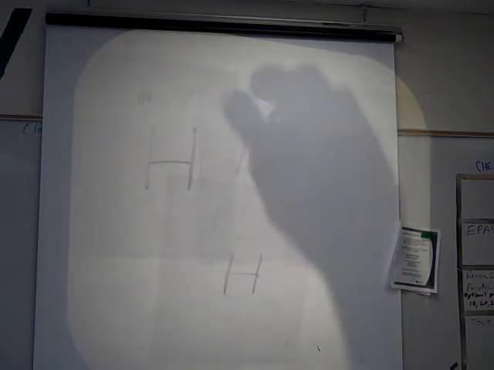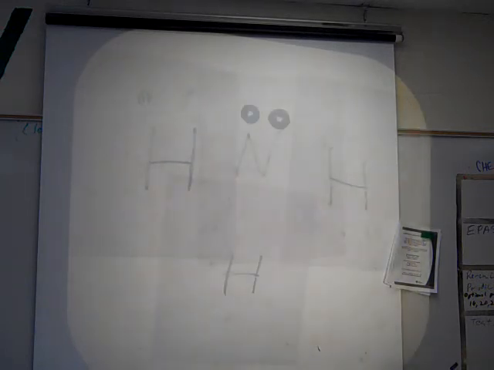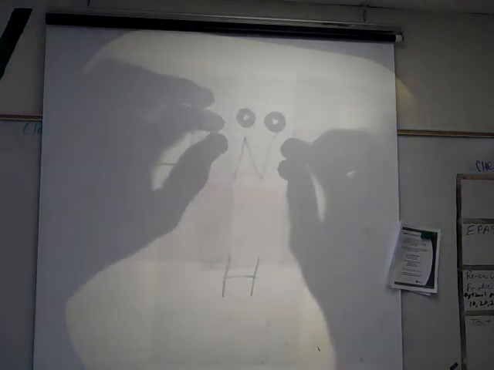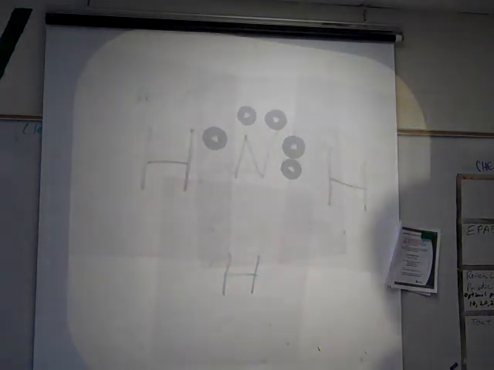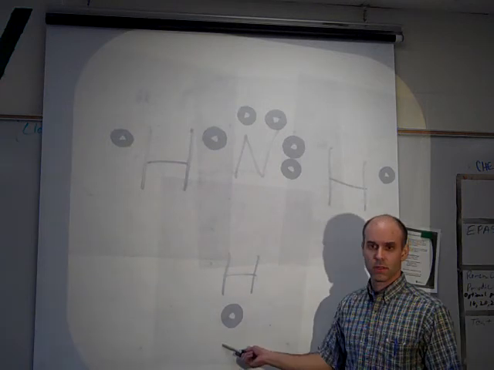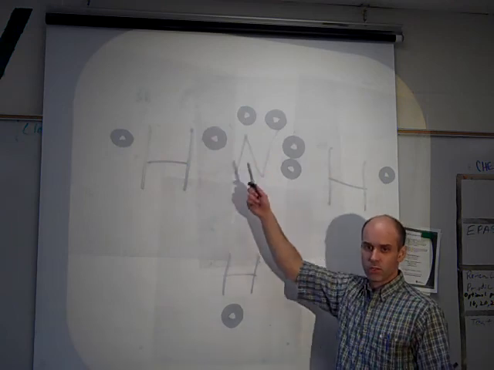Nitrogen starts with 5. Again, it doesn't matter where you put them. When you are doing a compound, you can move them wherever. Each hydrogen starts with 1. The rules tell us that we have to get 2 around the hydrogens and 8 around the nitrogen.